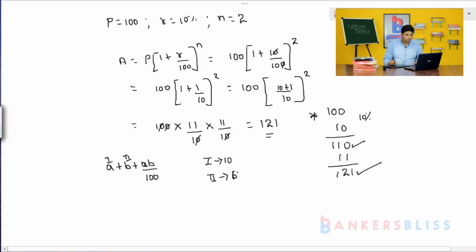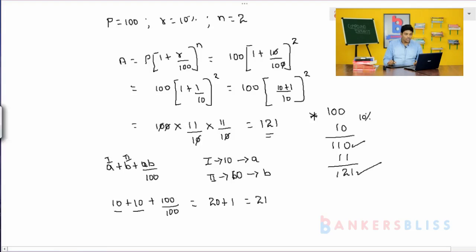So the value of A is 10, and the value of B is also 10. If I substitute these values in (A plus B plus AB) by 100, see here, 10 plus 10 plus 10 into 10, that is 100, by 100. So 10 plus 10 is 20, plus 100 by 100, that is 1.